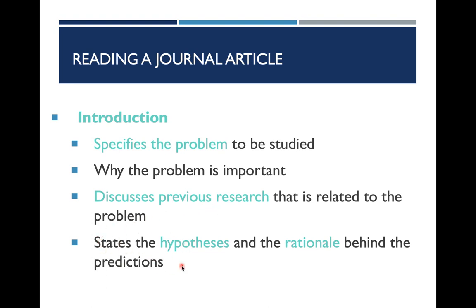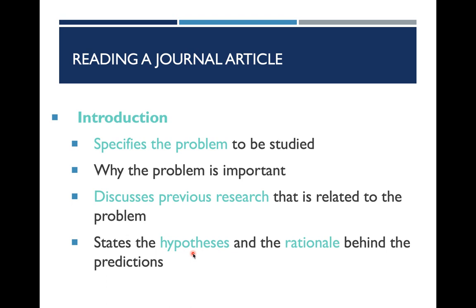And lastly, introduction sections generally end in my specific hypothesis, my specific prediction for this current experiment, and my rationale. Why is that my hypothesis? A hypothesis is how I think my independent variable is going to impact my dependent variable.